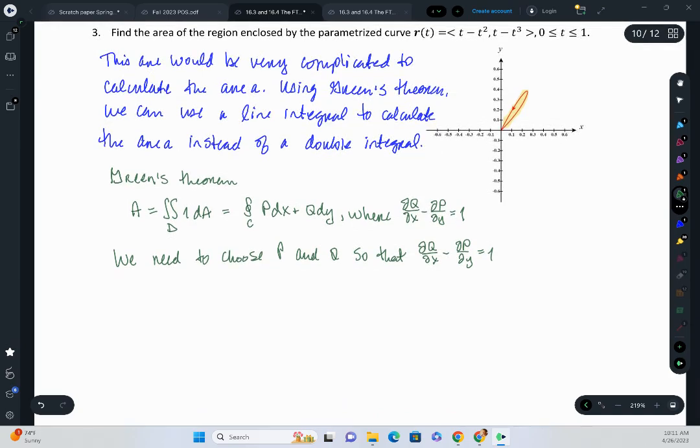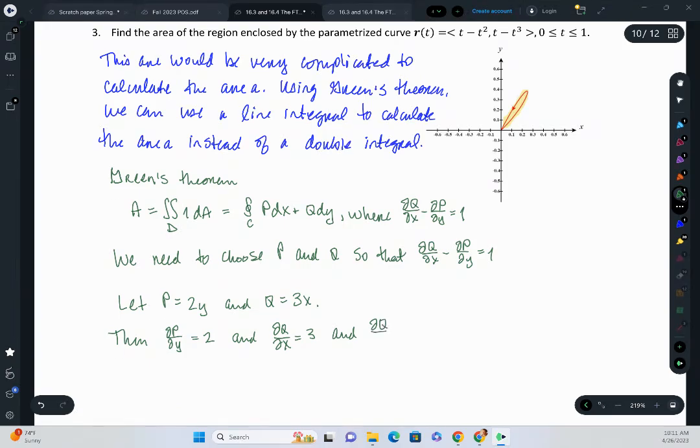Now I'm going to go different from the cases that we had up above just to show you that you really can pick whatever you want. So I'm going to go ahead and let p equal 2y and q equal 3x. Then del p del y is equal to 2, and del q del x is equal to 3.